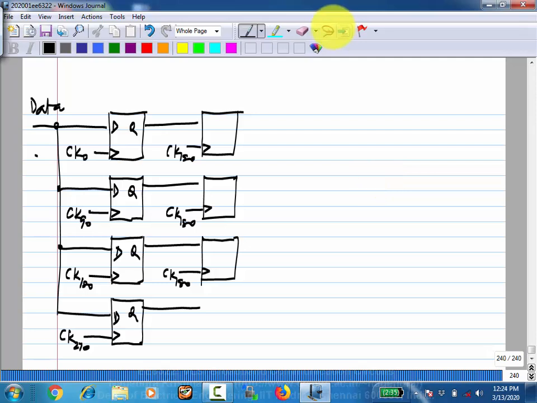So let's see if we need this. Actually, this is not what we wanted. So if we do this, okay, so this will be the A sample, this will be T, and this will be B, right?